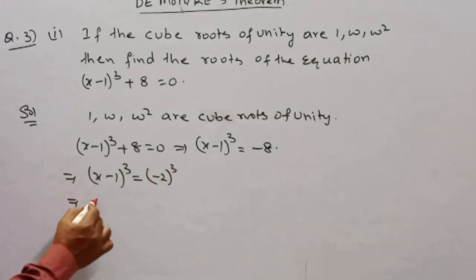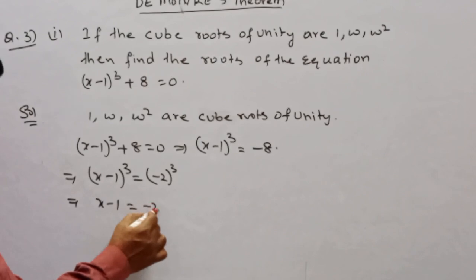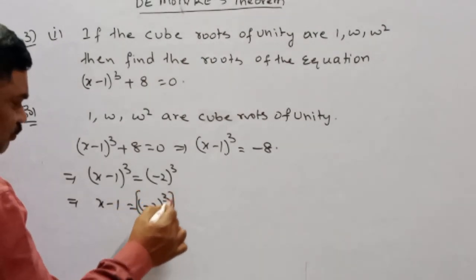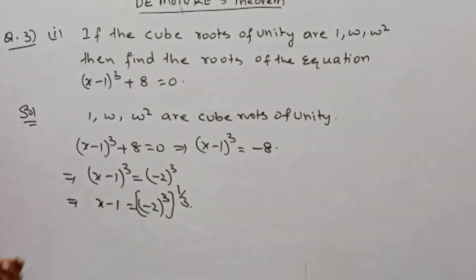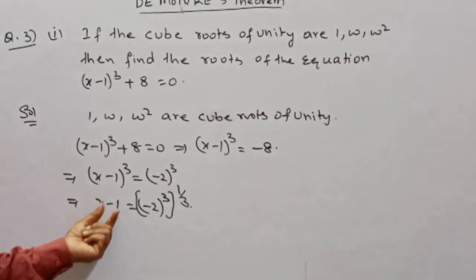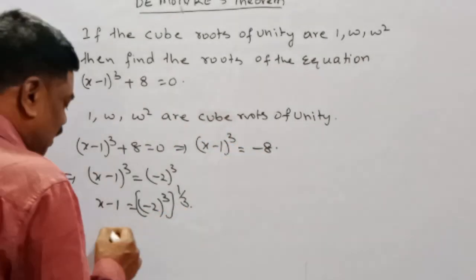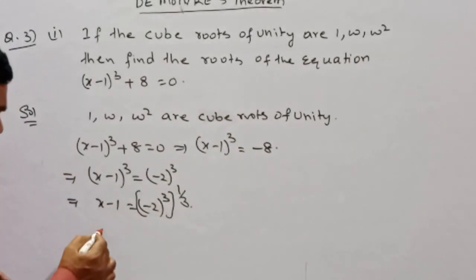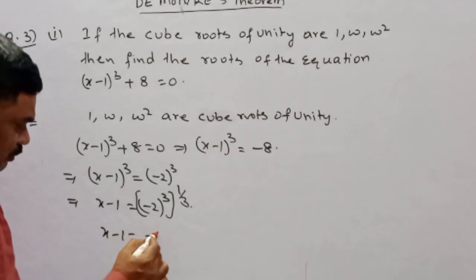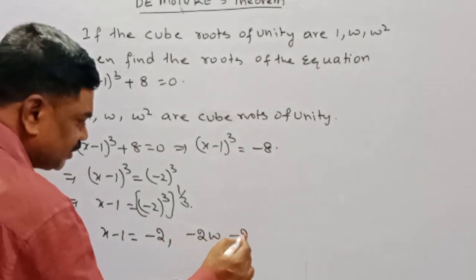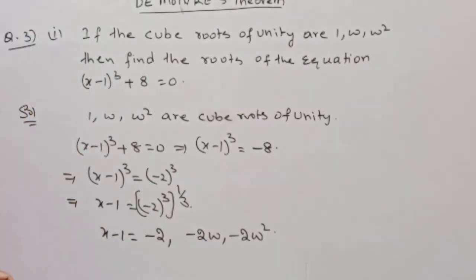This implies x minus 1 is equal to (minus 2) whole cube whole power 1 by 3. x minus 1 is the cube root of minus 8. These roots are, and then you write x minus 1 is equal to minus 2, minus 2 omega, minus 2 omega square.